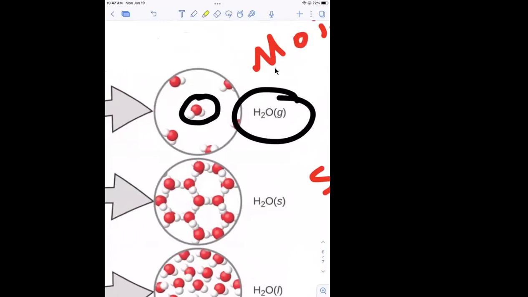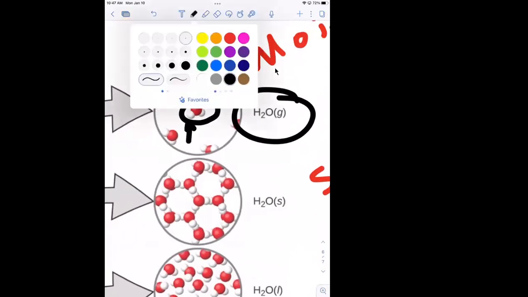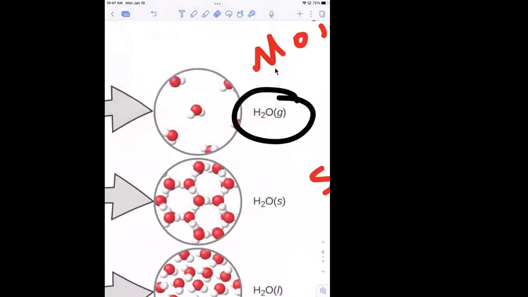Let me change pens. The white atoms here are hydrogen. And then the red atom is oxygen, right? This is on the micro level. I can't see this with the naked eye, but I know it exists.